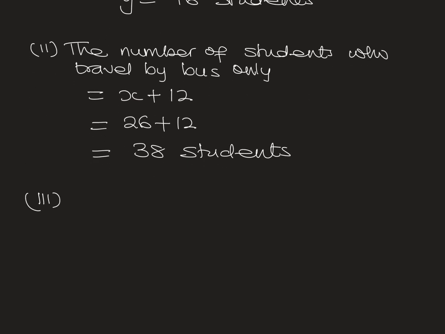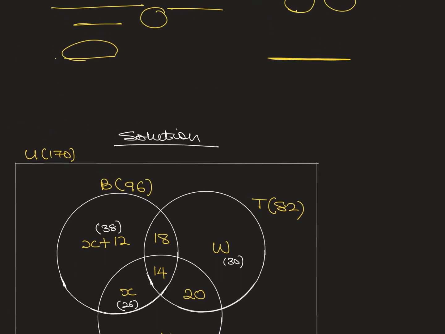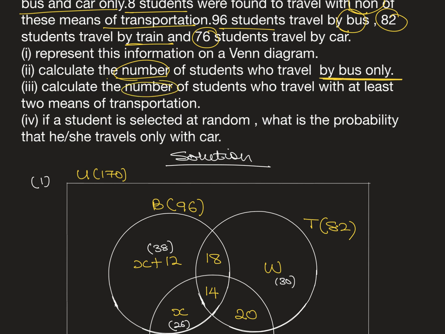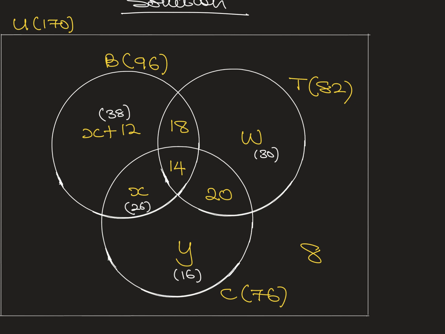Moving on to question 3. What does question 3 ask us? Calculate the number of students who travel with at least 2 means of transportation. So what does that mean? At least 2 means of transportation means the students have to travel with 2 means of transportation and above.